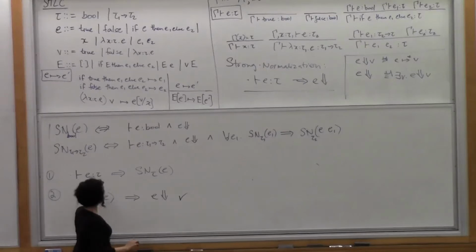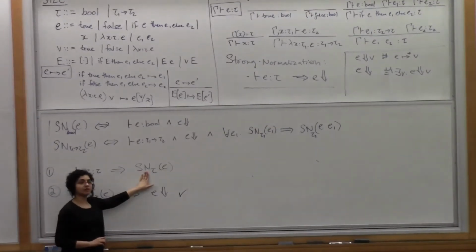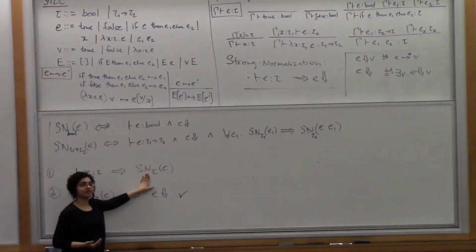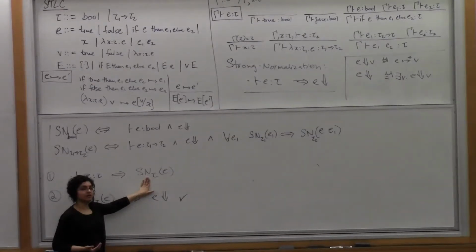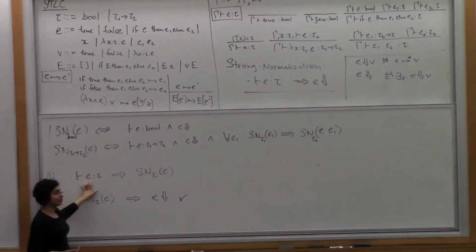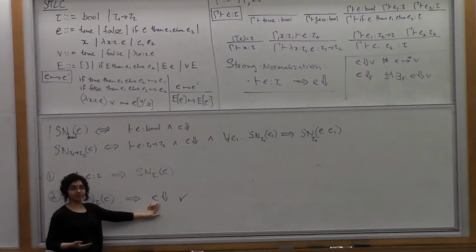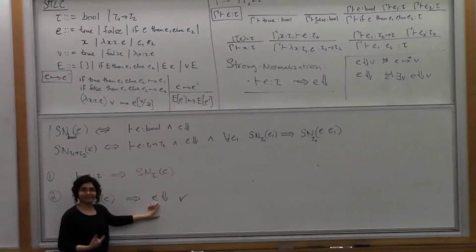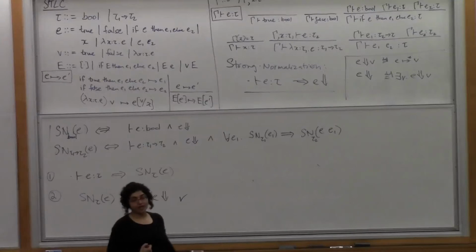And you need to go through this condition because it gives you a stronger induction hypothesis. Because when we tried to prove this directly, going from here to here, we failed because our induction hypothesis wasn't strong enough. This will become a little more clear as we step through the function case of the proof.